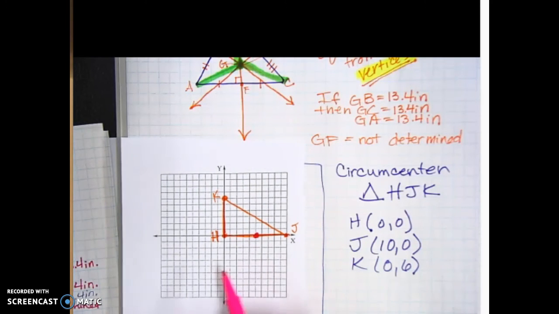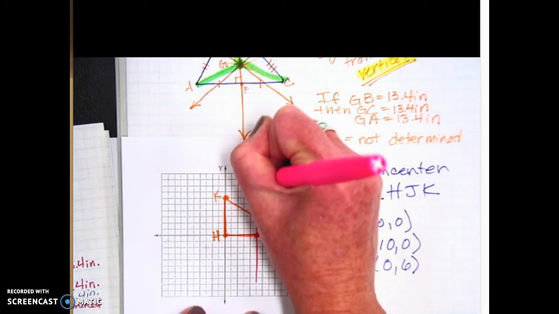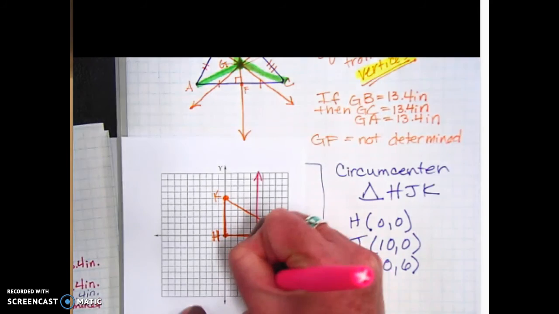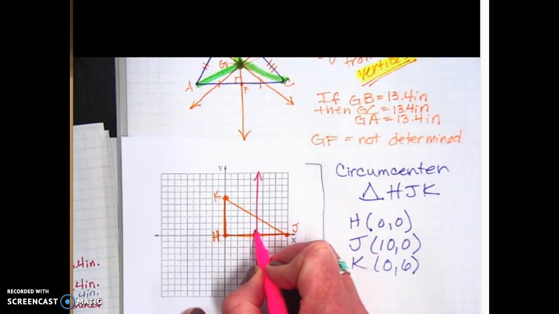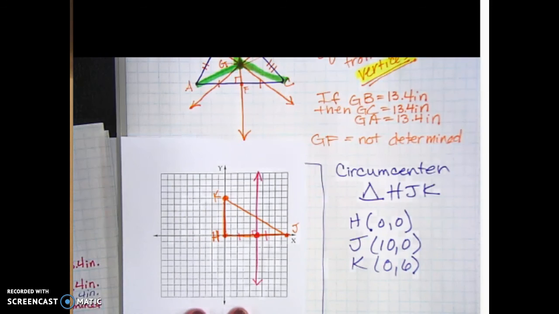Okay? And because it's horizontal, the perpendicular line is going to be vertical. So I'm just going to go straight up and down through that point. And that's my perpendicular bisector. I can put the little box, I can put 2 tick marks, and we've got a perpendicular bisector. Okay?